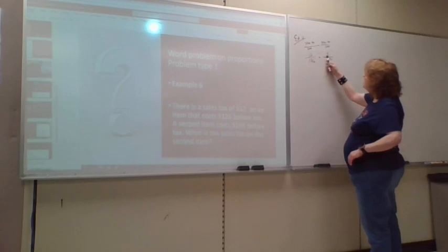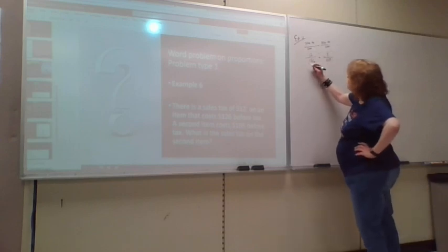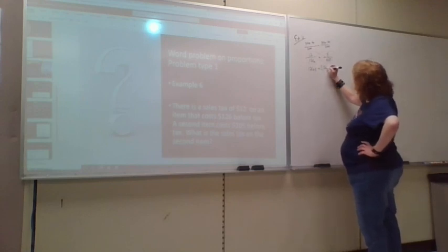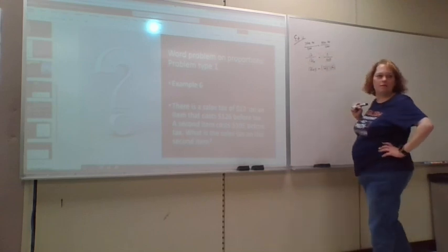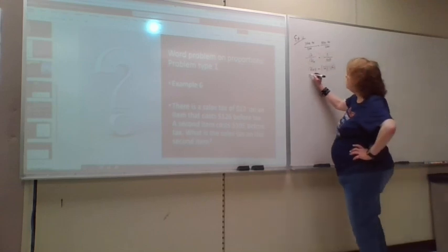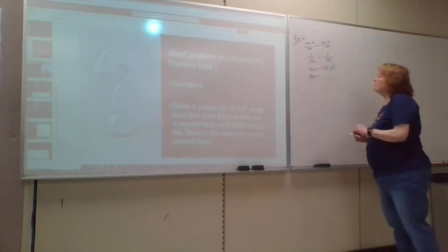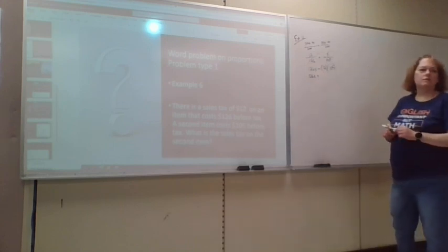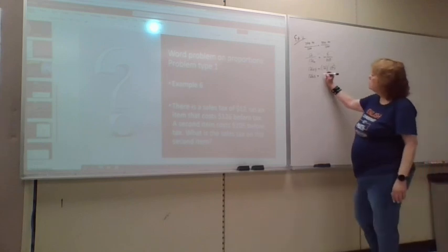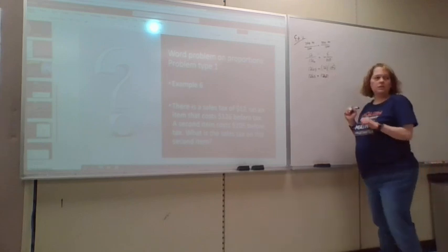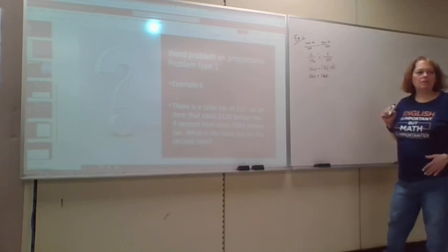What is 126 times x? 126x. 126x equals 12 times 105, because that's the green wing. What is 12 times 105? 1260. Okay? We still need to solve for x, so what do we need to do?